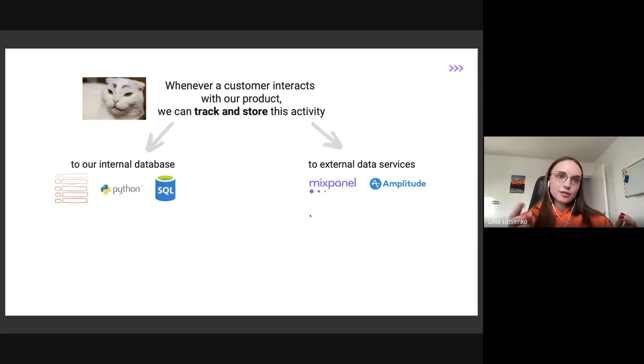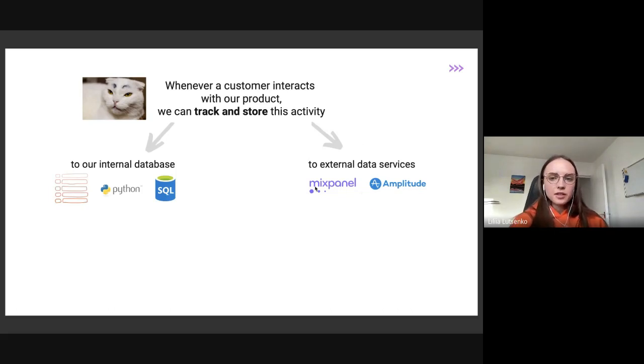We can split or group all the tools into two types. The first type is our external data services, the ones that log front-end behavior. Hotjar, I guess, is also related here. Amplitude, Mixpanel, Google Analytics.